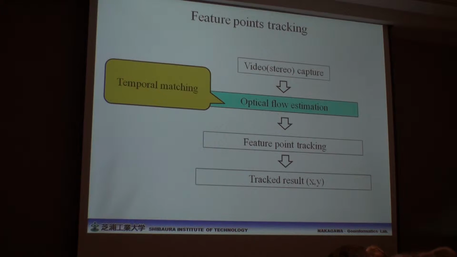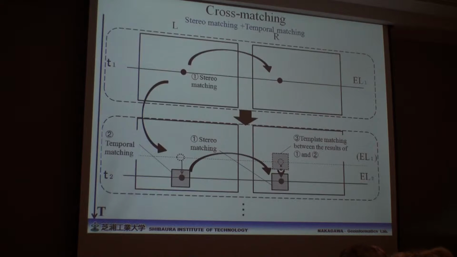Here's how to process feature point tracking. This slide shows how cross matching is composed of stereo matching and temporal matching.